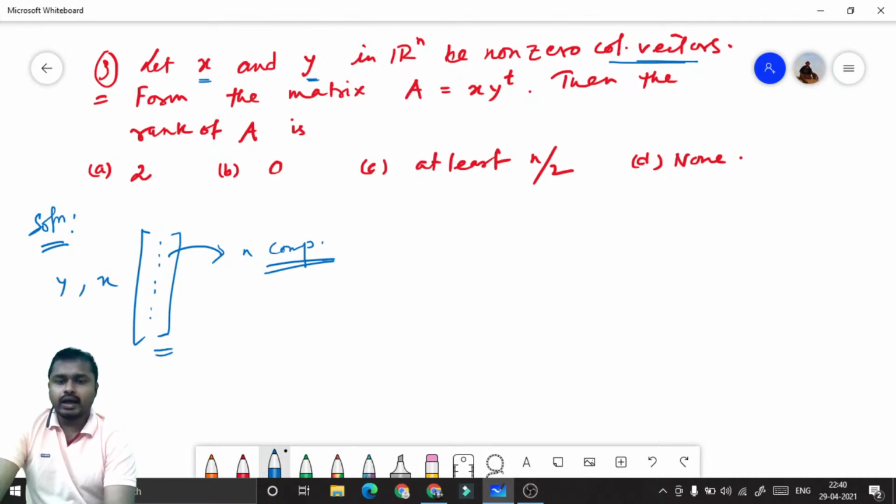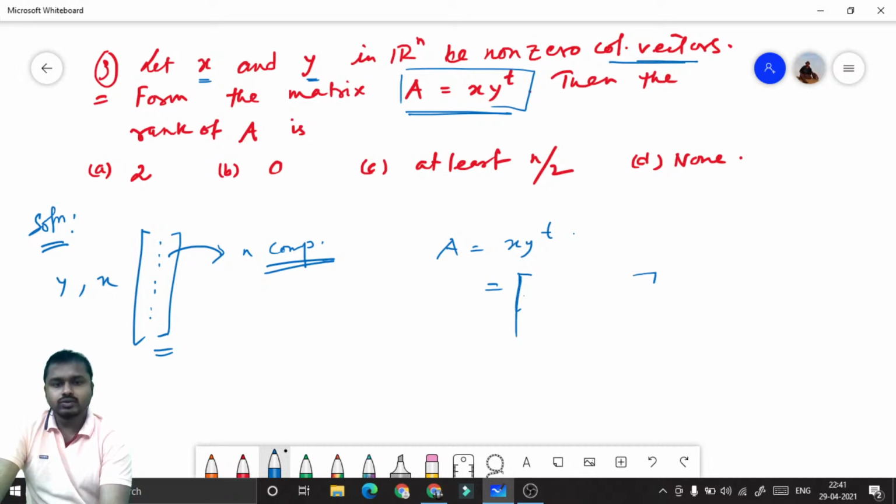And here you have the matrix A, A equals x y transpose. Okay, so x y transpose is going to be an n by n matrix, no issue with that, but they are asking what is the rank of A.